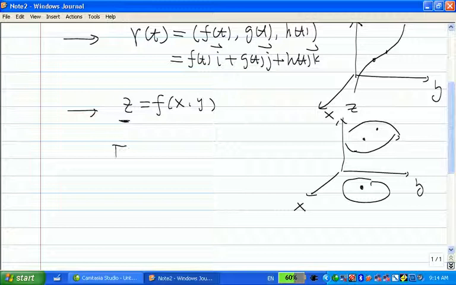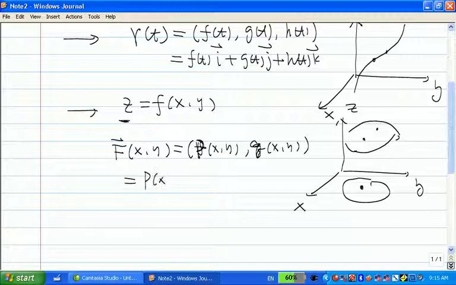What we're going to learn today is something like this. I put the arrow on the top of f, which means f itself is a vector. You can write, say, 2 components. Could be 3. In the book, they call them P and Q. Or you write P(x, y) i plus Q(x, y) j.